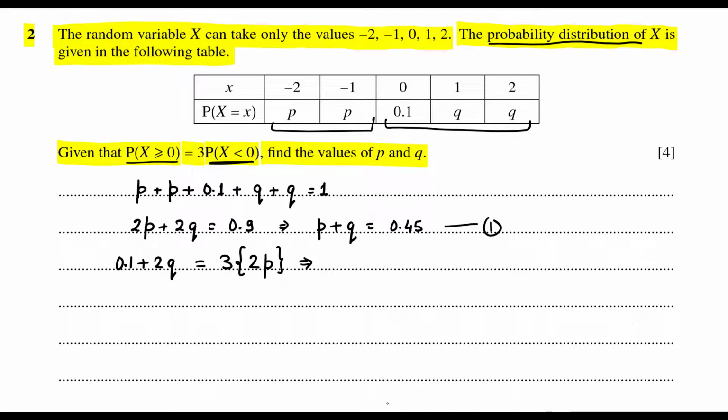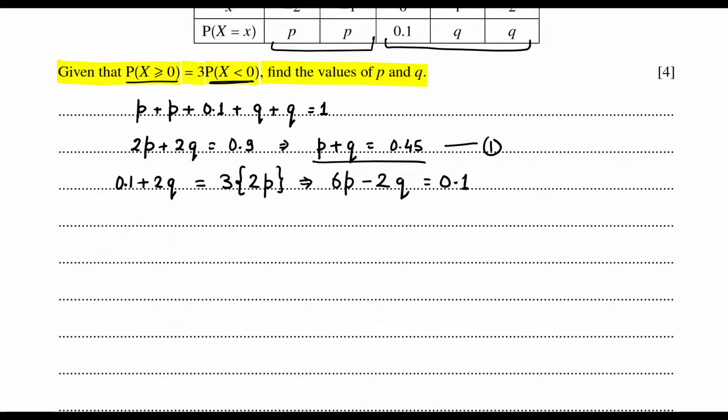It is 6p minus 2q equals 0.1. If we divide by 2, we will get its simpler form. It is going to be 3p minus q equals 0.1 divided by 2, which is 0.05. So now we got another equation, 1 and 2.